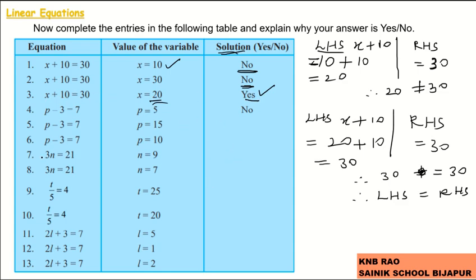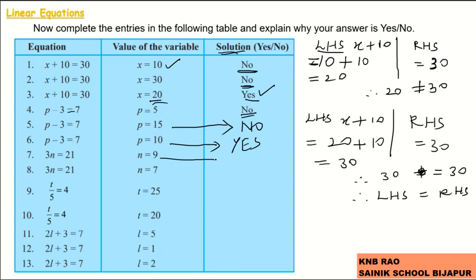So similarly we are supposed to fill these blanks. P equals 5, 5 minus 3 cannot be 7, so the equal sign fails, and for that reason I say no. And if p equals 15, 15 minus 3 is 12, this is again no. And p equals 10, 10 minus 3 becomes 7, 7 equals 7, so I say yes.